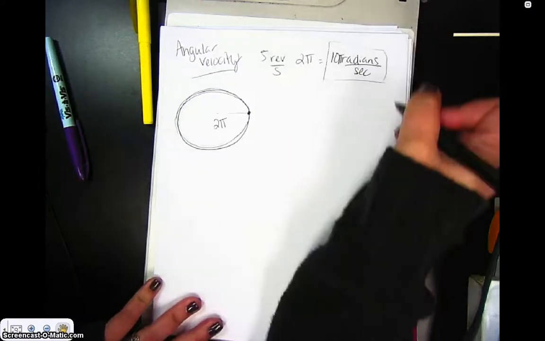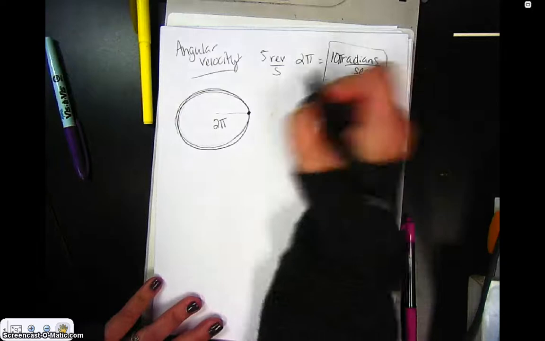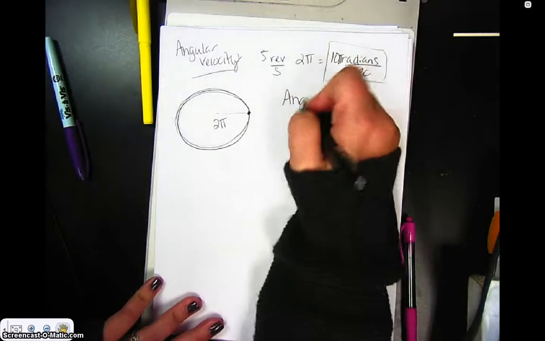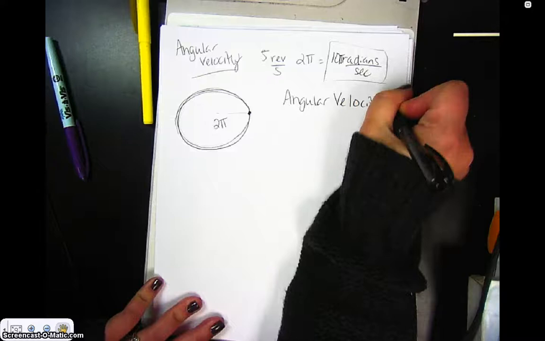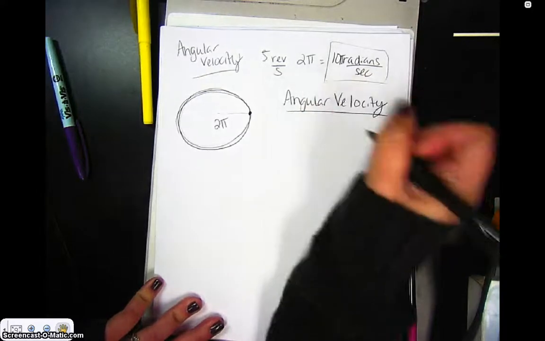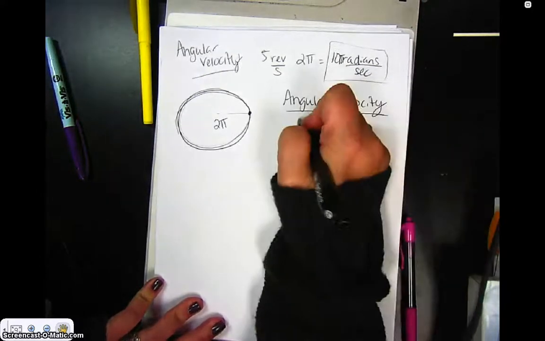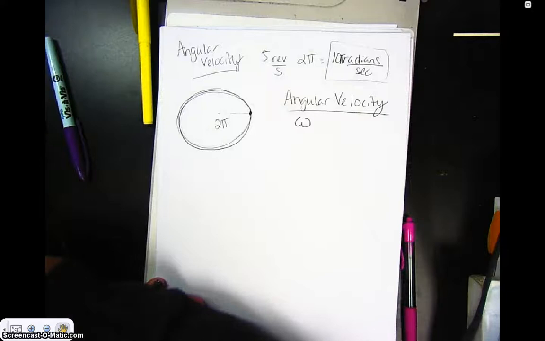This here is an example of an angular velocity. Now, the variable that we use for angular velocity is the Greek letter omega, but it's a lowercase omega, so it looks like kind of a squirrely W.